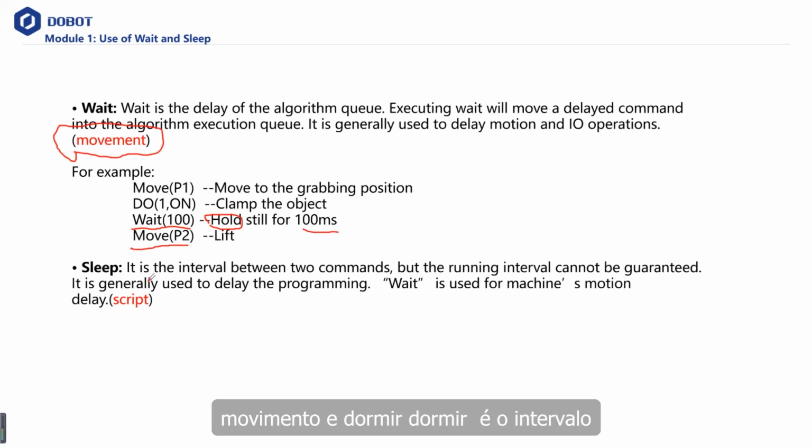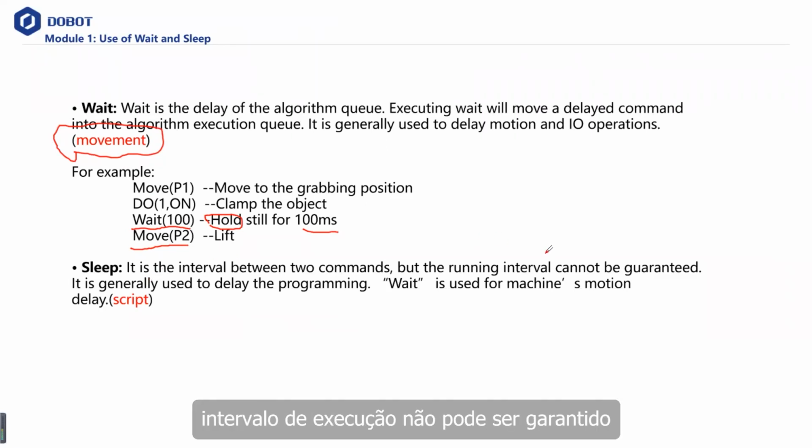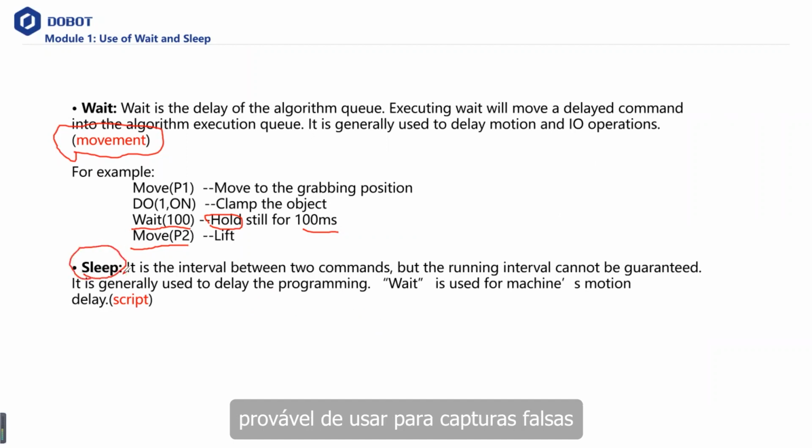And Sleep is the interval between two commands, but the running interval cannot be guaranteed. It's generally used to delay the programming. So Sleep is more likely to be used for scripts.